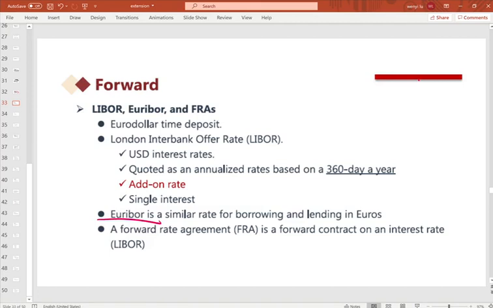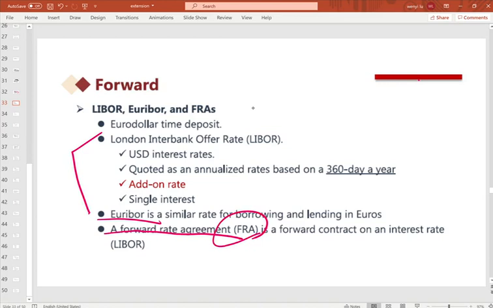And based on these two interest rates, there's a special forward contract for loans. It's called the forward rate agreement, FRA. So FRA's full name is forward rate agreement.